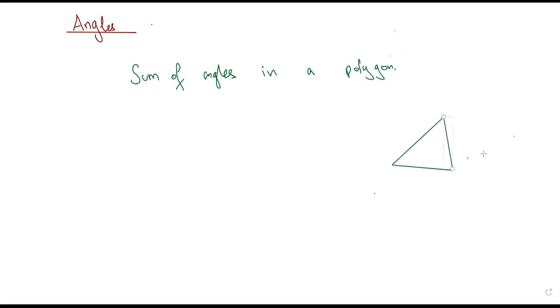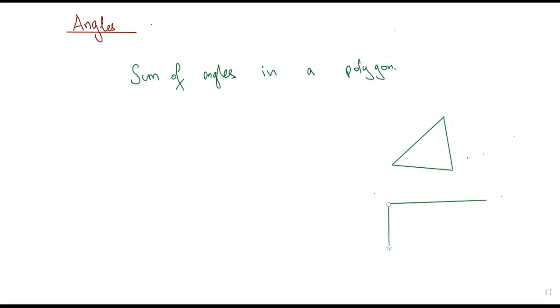Now I will talk about the last thing which we need to know: sum of angles in a polygon. What is a polygon? A polygon is any figure. It could be a triangle. It could be a quadrilateral. When we say quadrilateral, it could be any four-sided figure.